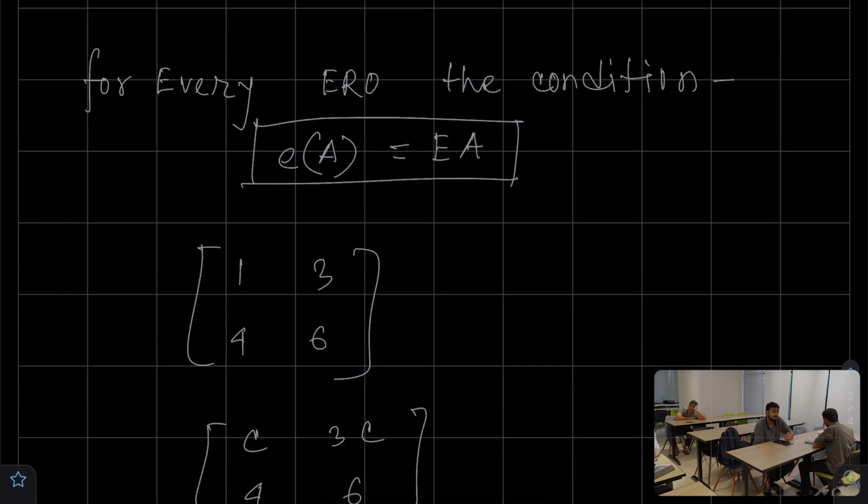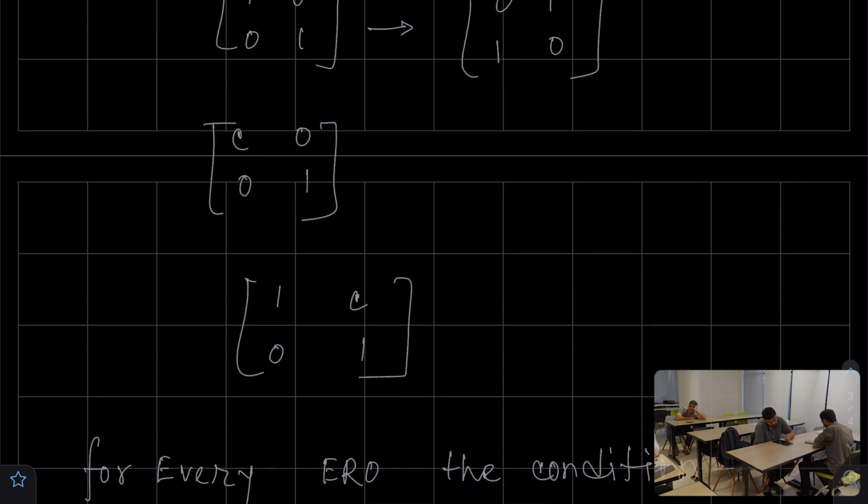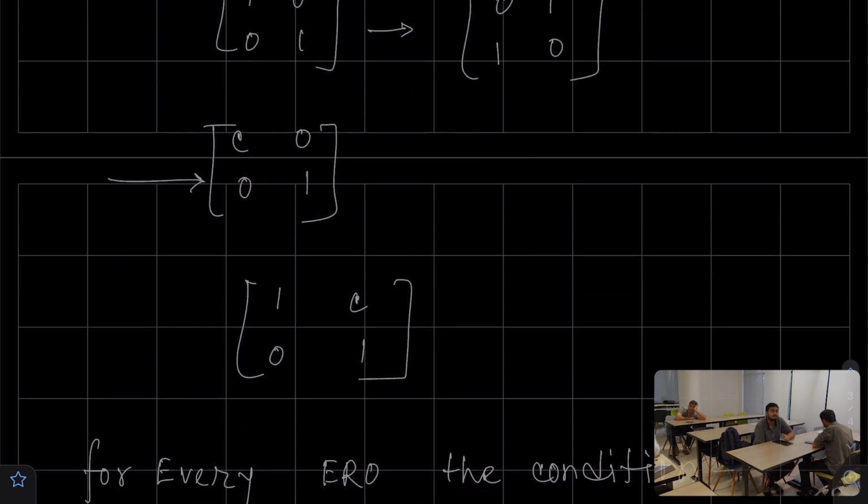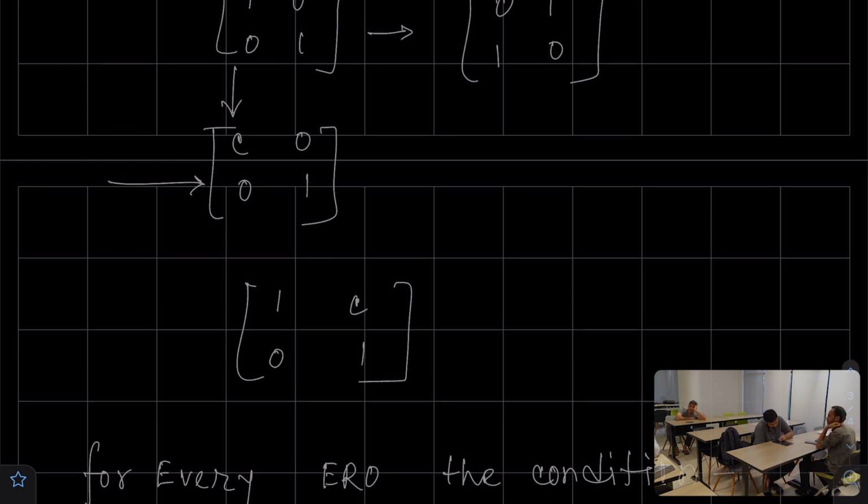Now, this is the elementary matrix we got by performing the first row operation on the identity matrix. You understand it, right?